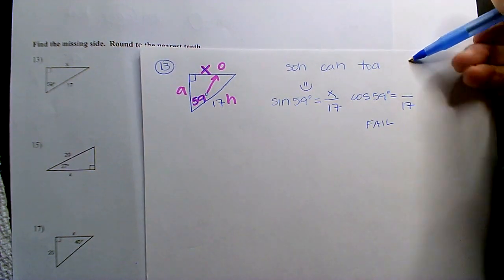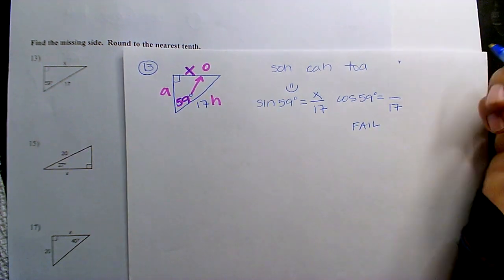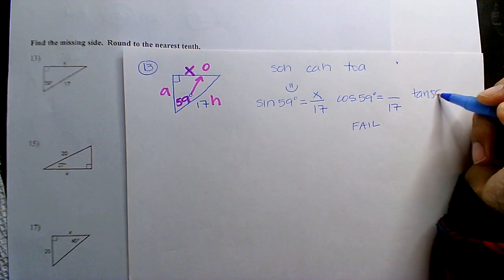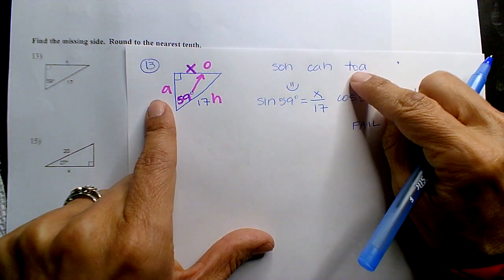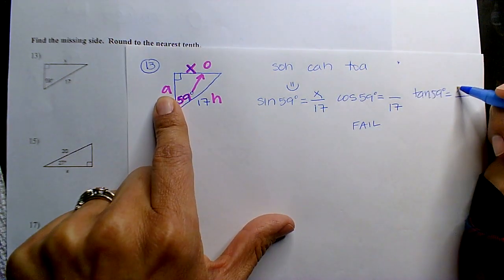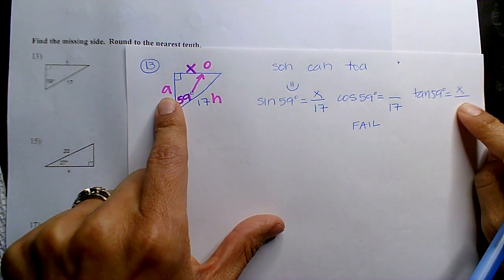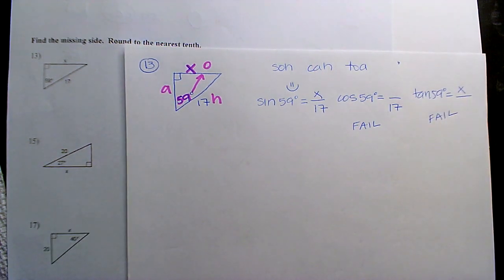And then if I look at tangent of 59 degrees, it's O over A, x over nothing, because there is no A. So again, this is a fail.